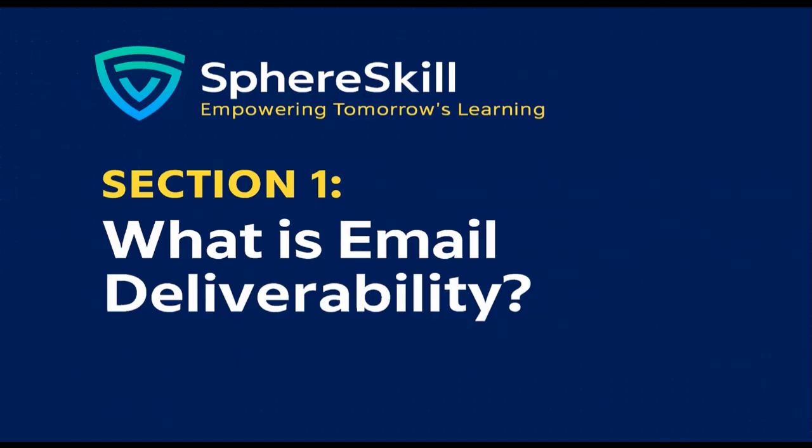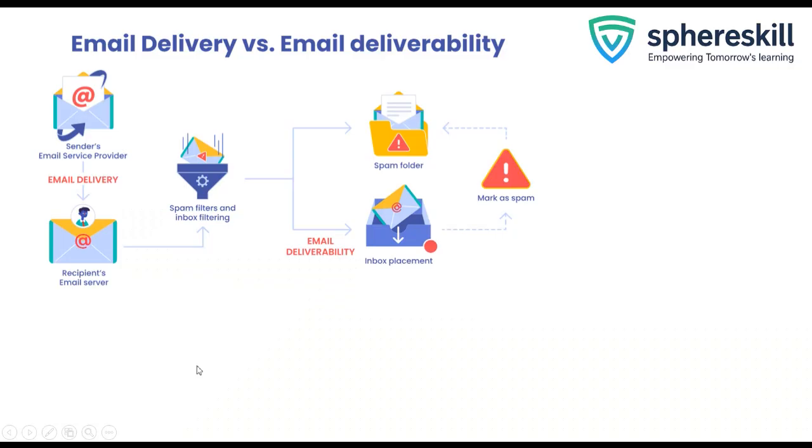Okay. So in this session, we will see how the emails are being sent and what is the difference between email delivery and email deliverability. Email delivery is when a sender sends an email and the recipient server accepts the email and acknowledges back, and it delivers either to spam or to inbox.